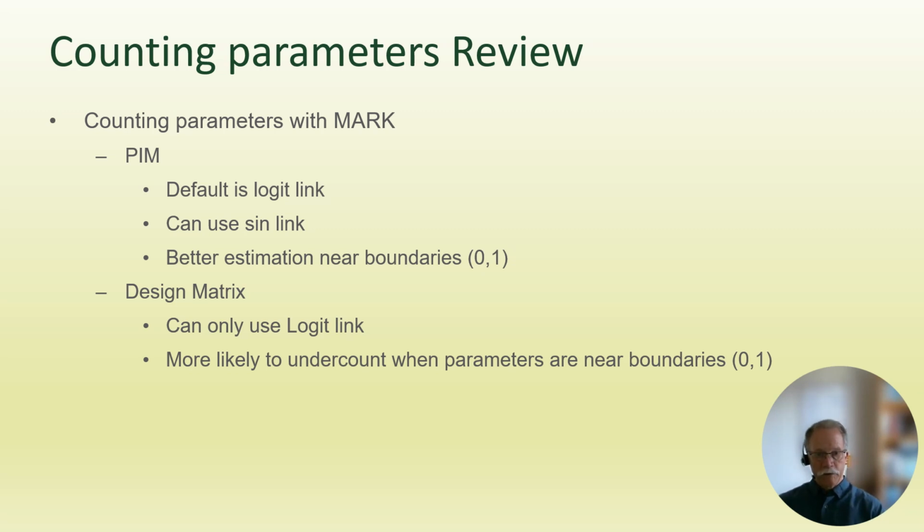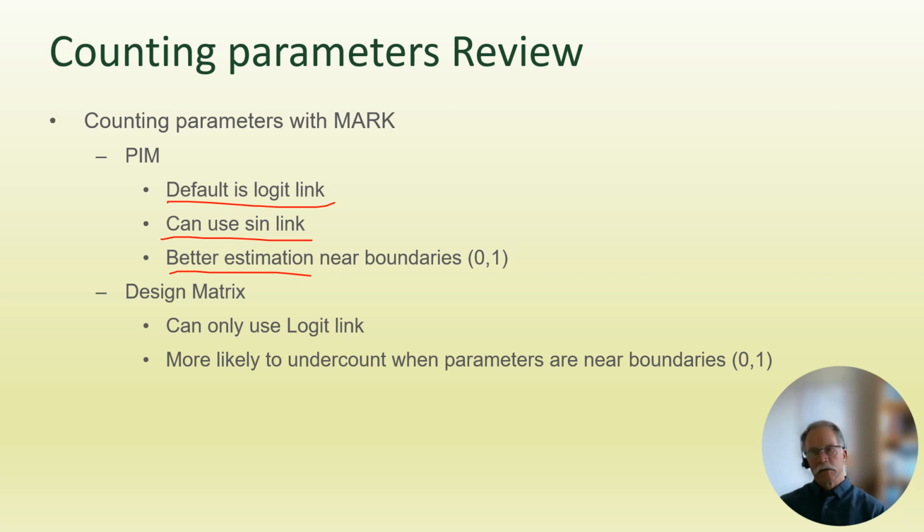With the parameter index matrix, the default link is still the logit link, but you can use a sin link because you have an identity matrix when Mark is running the parameter estimation, and the sin link works with the identity matrix. And the sin link is better at estimating parameters near boundaries.